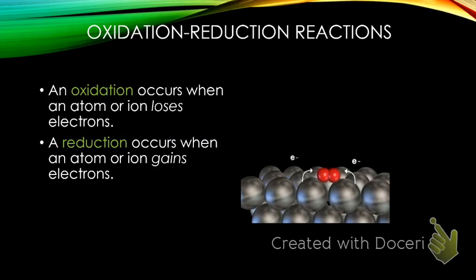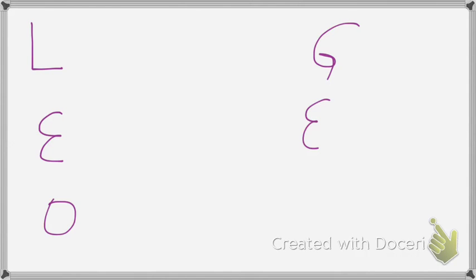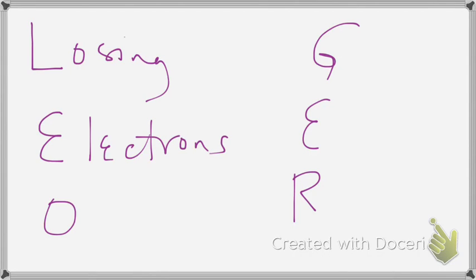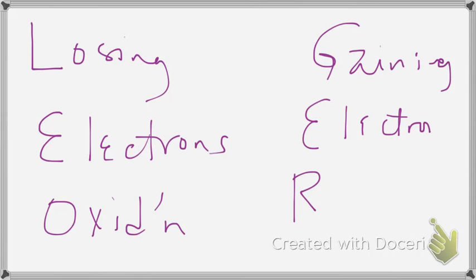Okay? And so I've heard a couple of mnemonic devices that can be used to help people remember whether it's oxidation or reduction. One that I heard back when I was in college was called Leo the Lion Goes Grr, which stood for losing electrons is oxidation, whereas gaining electrons is reduction.